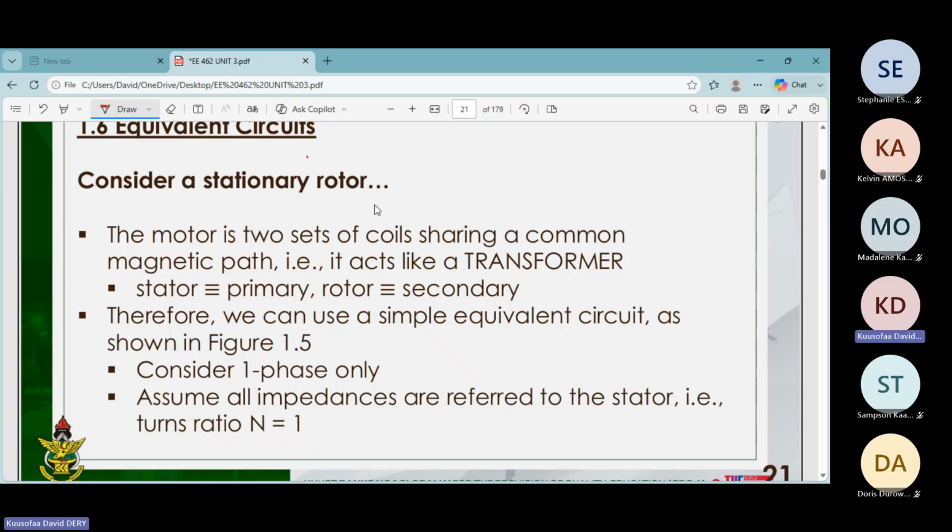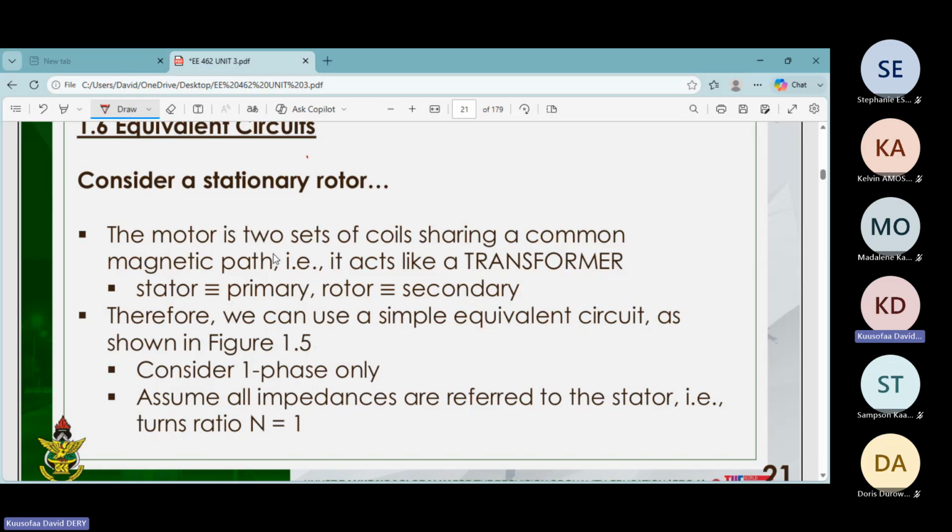Because the rotor is moving, we are going to model the rotor as if it is stationary. So it will look like it is stationary, so that all the analysis we do on the transformer equivalent circuit, we can also perform on the induction motor. That is what we are going to do.